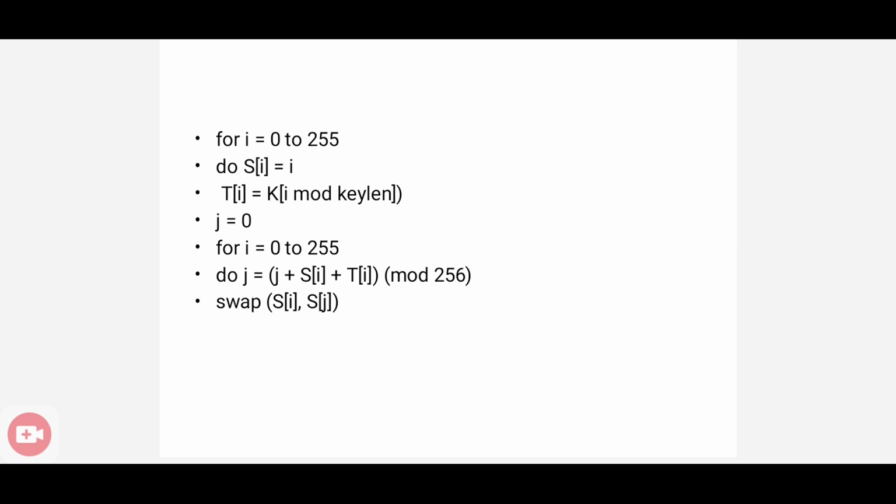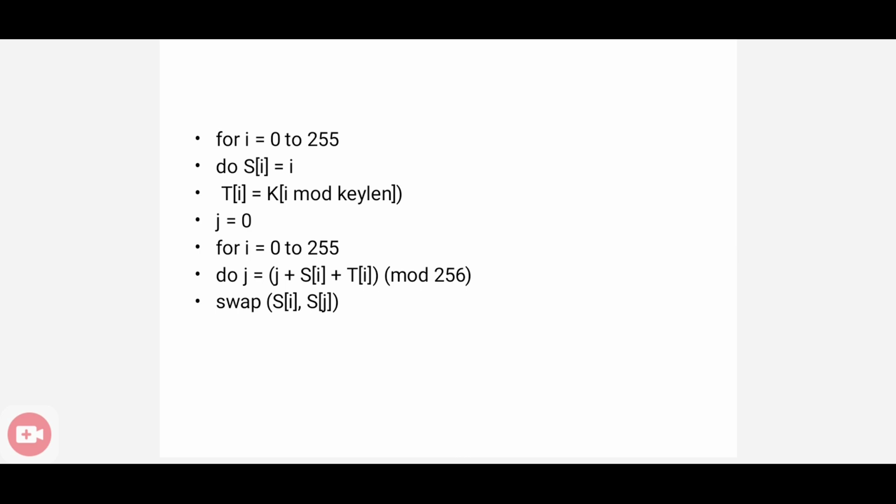Clear? So T[0] to T[255] means K[0] to K[255]. Actually what we are doing is copying the key values into a temporary vector.